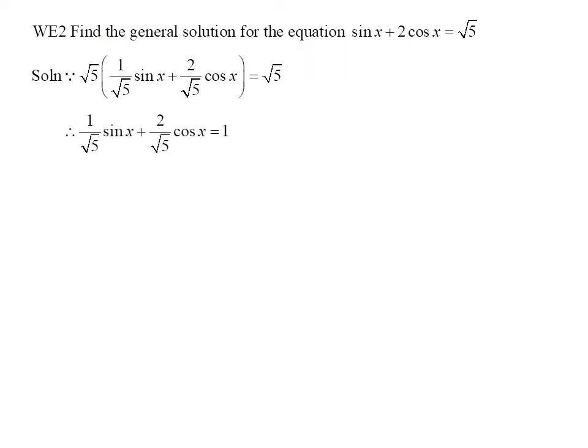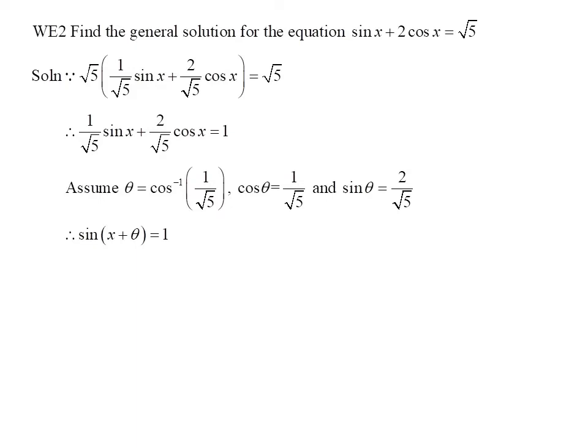By doing so, we need to multiply and divide it by a number of square root 5, which is calculated by the square root of 1 squared plus 2 squared. Then we assume an angle theta and let it equal arc cosine 1 over square root 5. Hence, cosine theta equals 1 over square root 5 and sine theta equals 2 over square root 5.